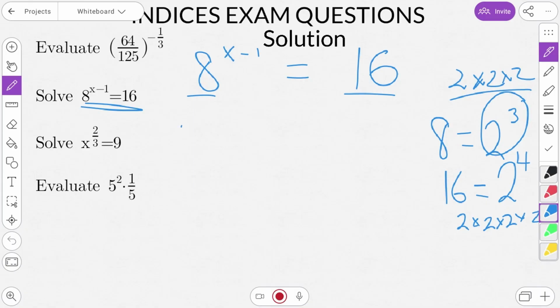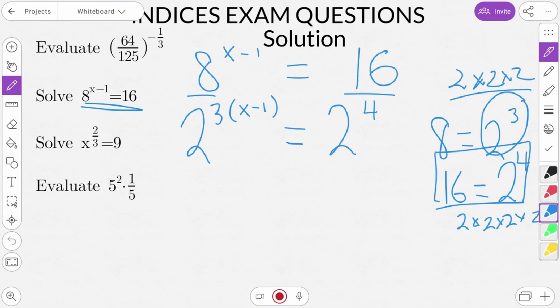Now, to the top, we are going to replace it: 2 raised to an exponent of 3 times what was already there, x minus 1, equal to 2 raised to an exponent of 4. That stays how it is.